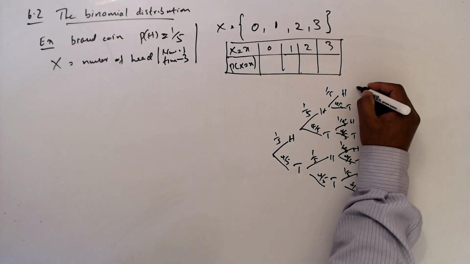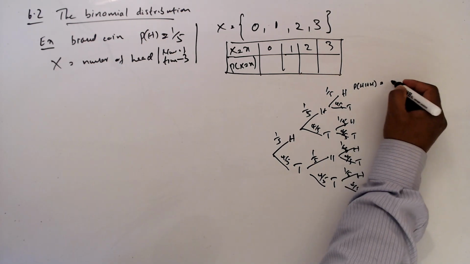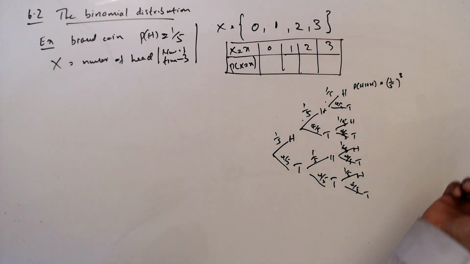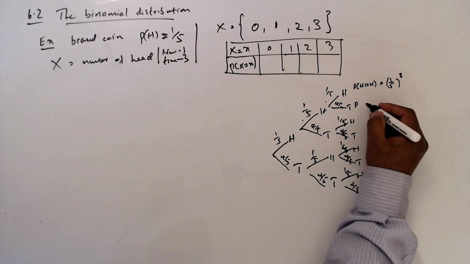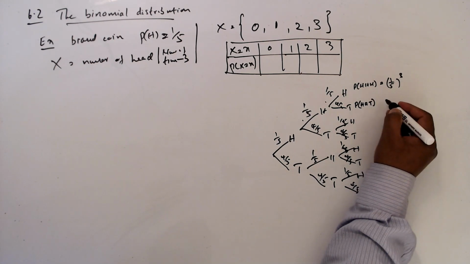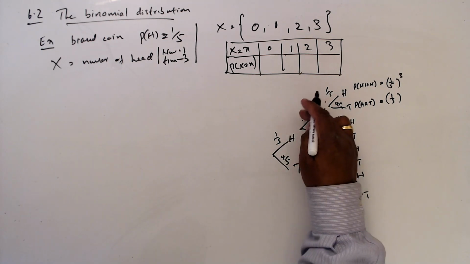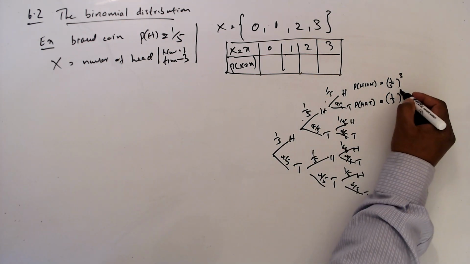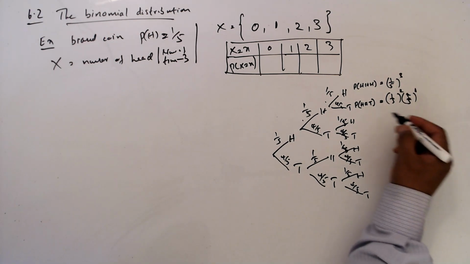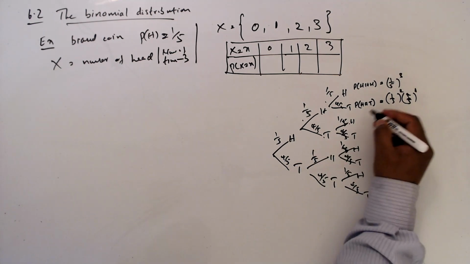Now probability of getting 3 heads is (1/5)^3, and the probability of this branch, head, head, tail, is 1 over 5, 1 over 5, 4 over 5. And when you go HTH, how many heads? 2 heads.